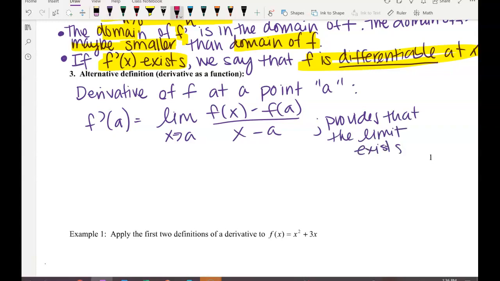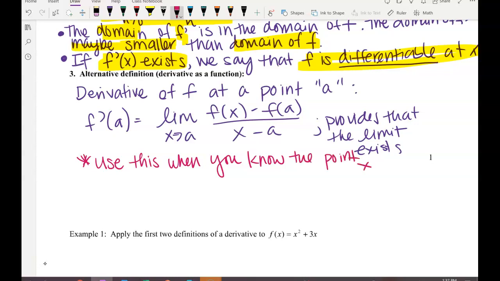Okay, now students, use this formula when you know the point. Okay, use the formal definition when you don't know the point.